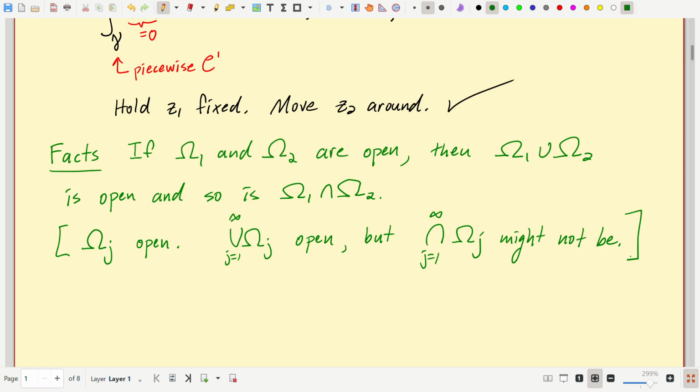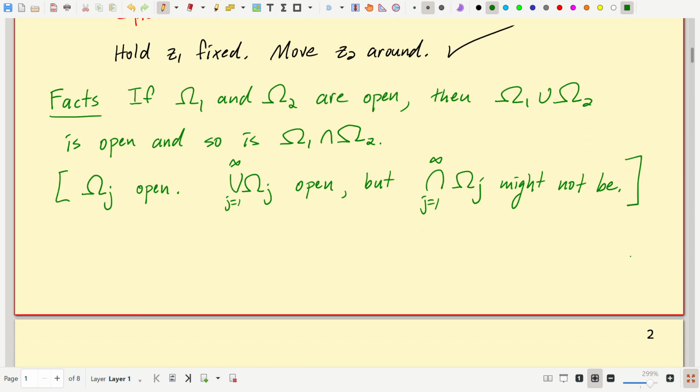Okay, a couple more words I need to define. The boundary of a set.